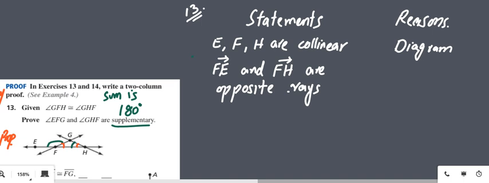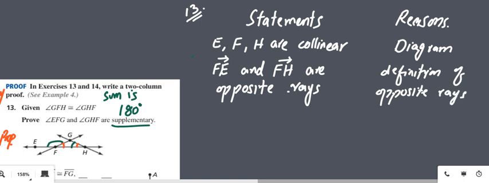Is it clear? How did I do that? By using the diagram and the definition of opposite rays. Is it clear?